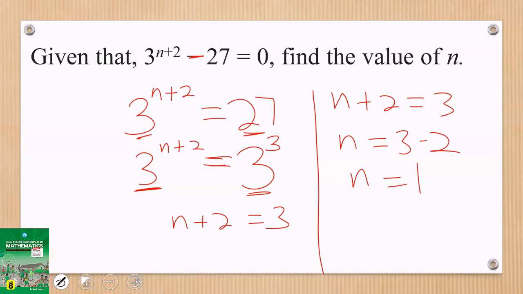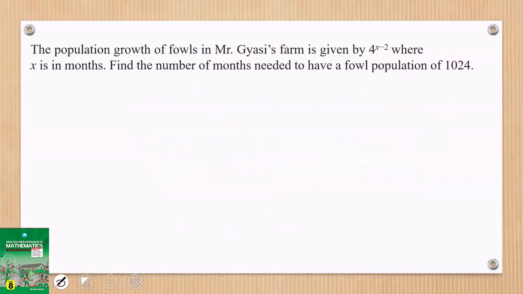Let's see more application questions. The population growth of fowls in Mr. Jesse's farm is given by 4 exponent x minus 2, where x is in months.